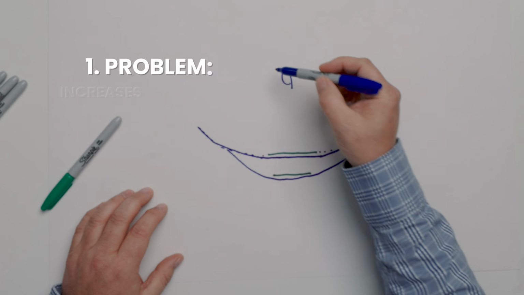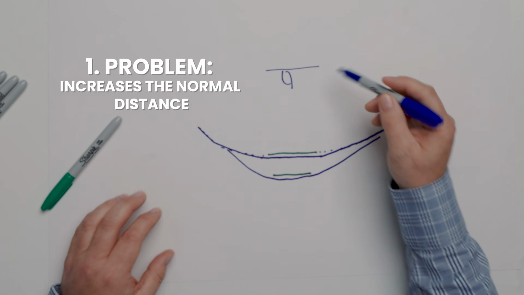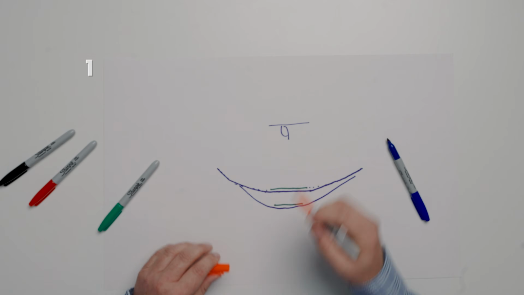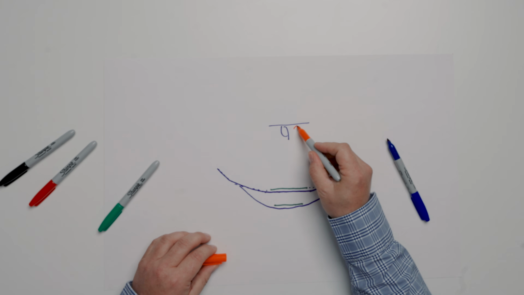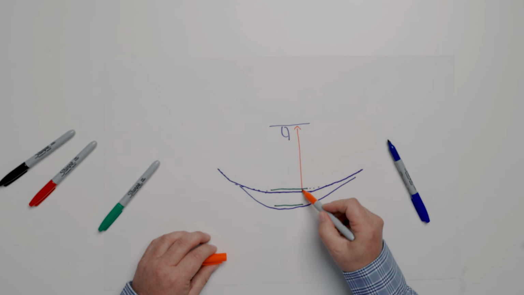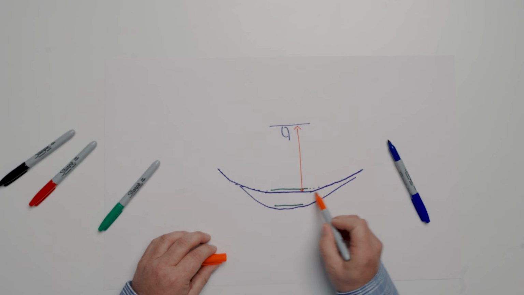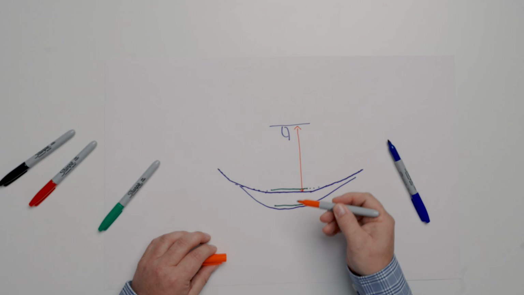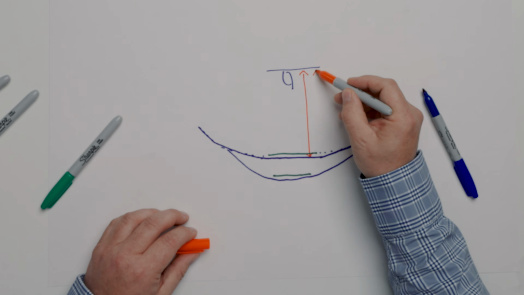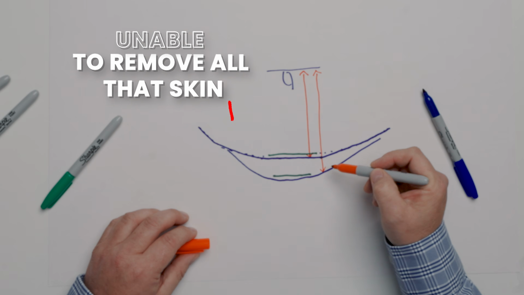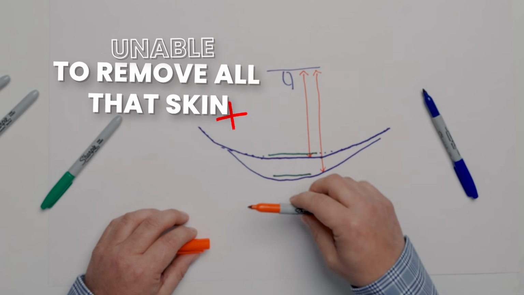One, we usually try to make the incision above the belly button, and going lower will increase that distance. If I've got to go down a lot further to get that very low C-section scar, that's that green line, then it increases this distance so much that I'm unable to remove all of that skin.